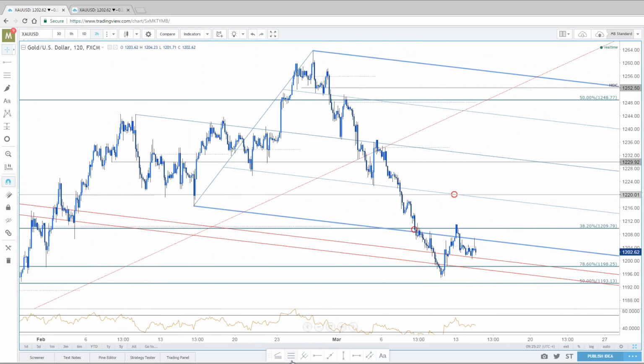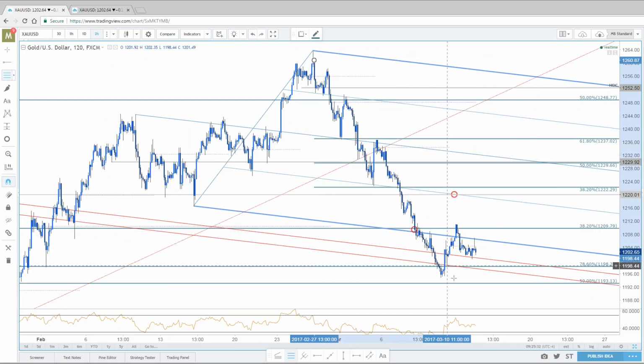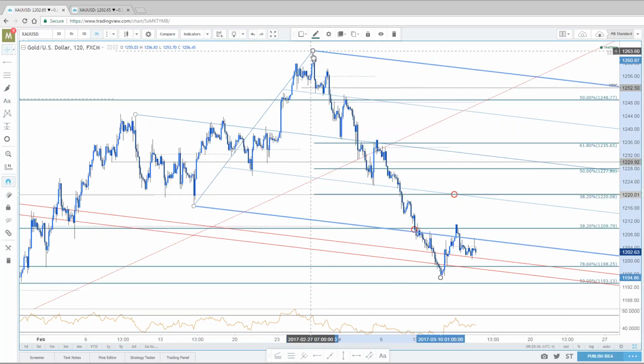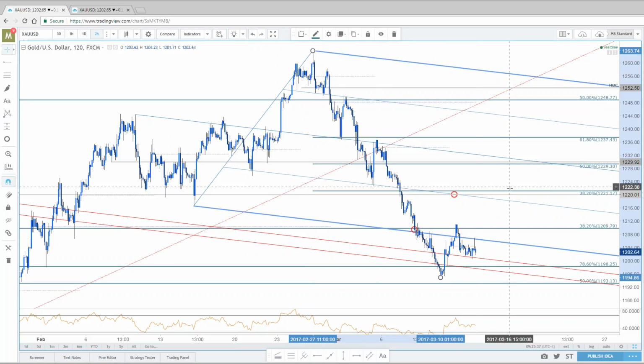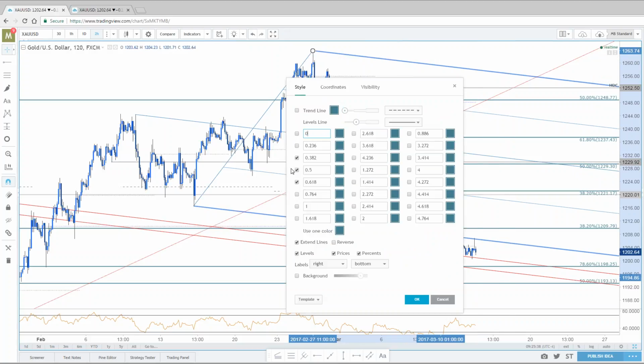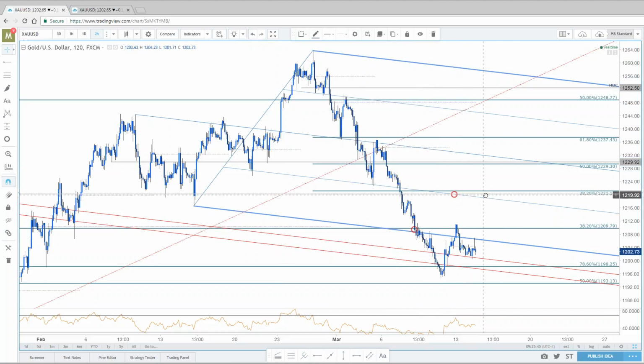Okay, and if we tack on a quick retracement, if that low holds and this thing rallies because the dollar sells off on the FOMC, basic 38.2 is probably the initial target, and that's still up here.